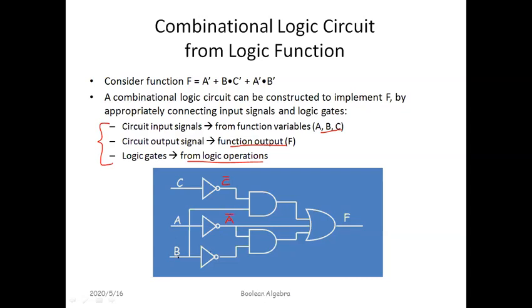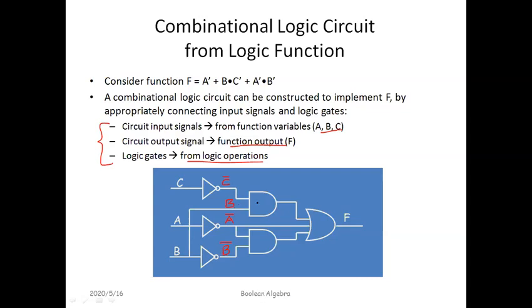Equally B. B is being fed to this inverter. So we'll have B bar as an output to the third inverter. Then at the same time, from this B, we are tapping an input. So at this point, we still have a B.